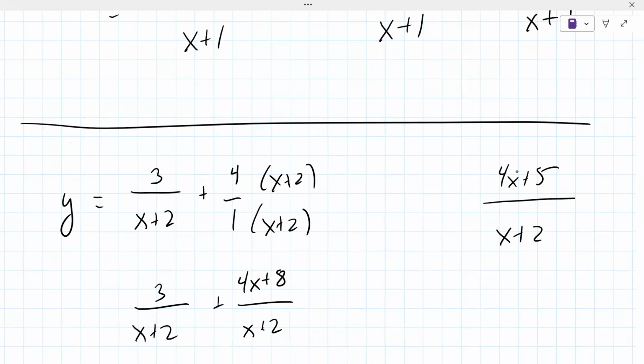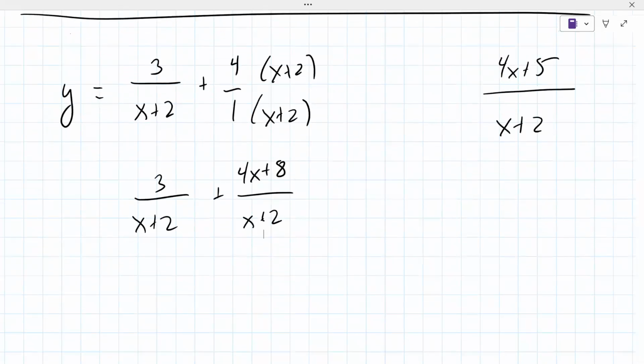So I got something different here. On the numerator, it looks like you just didn't distribute the 4 to both. It looks like you might have had just 4x plus 2. Okay.